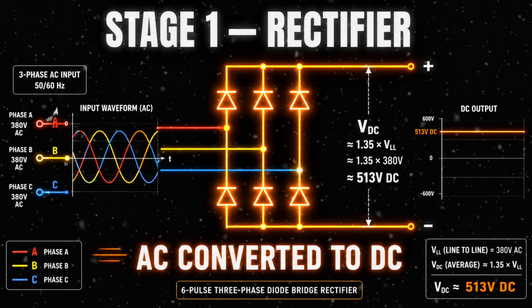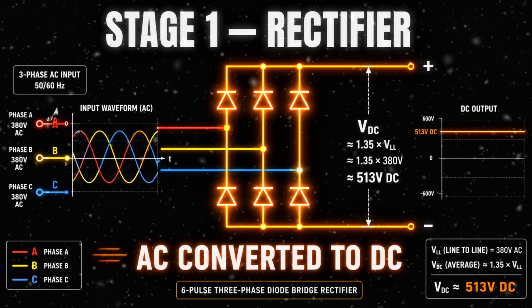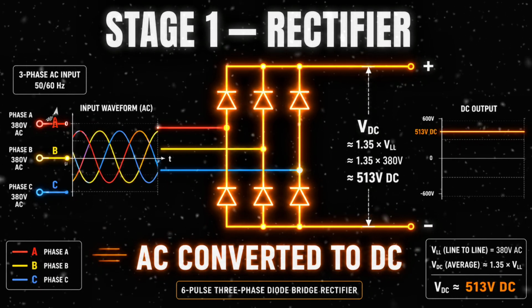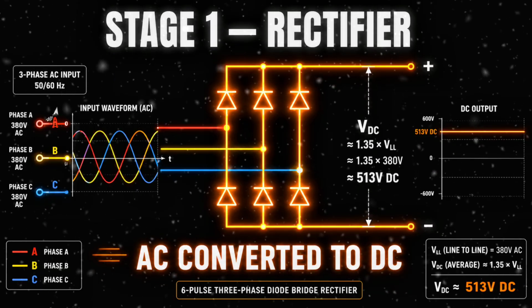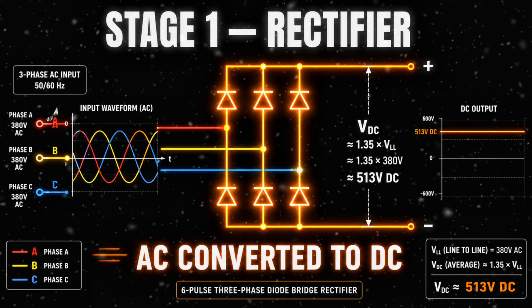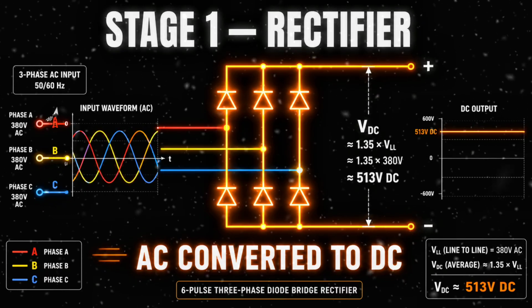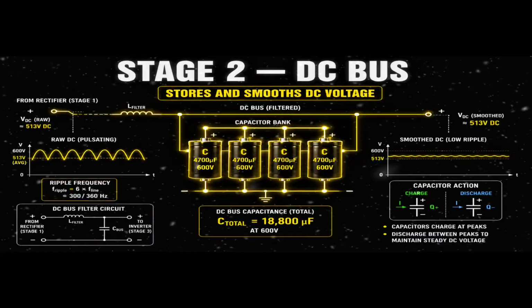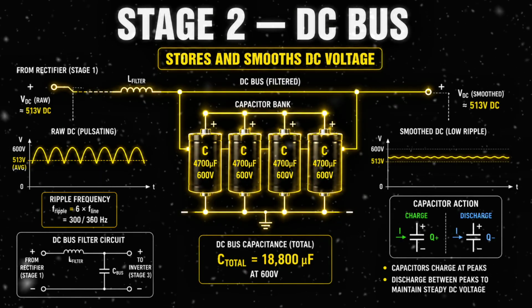This converts the alternating AC waveform into a pulsating DC signal. The output of the rectifier is approximately 1.35 times the input AC voltage. For a 415 volt input, the DC bus voltage will be approximately 560 volts DC.